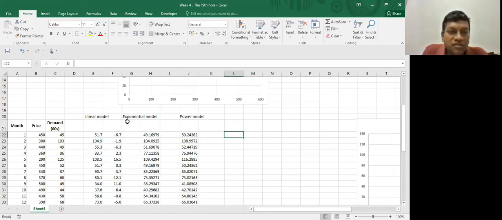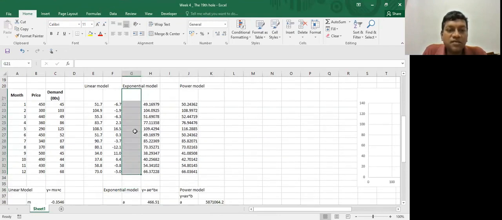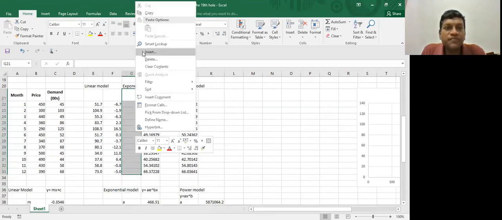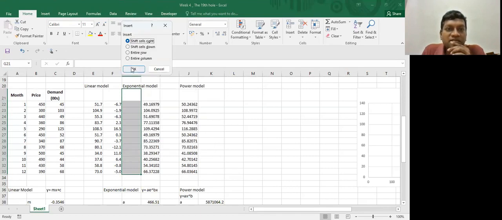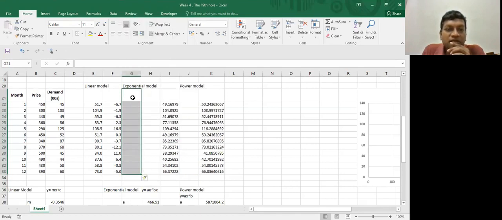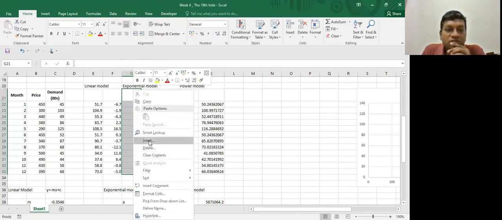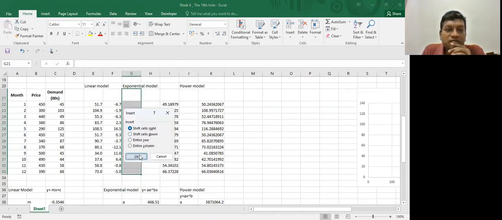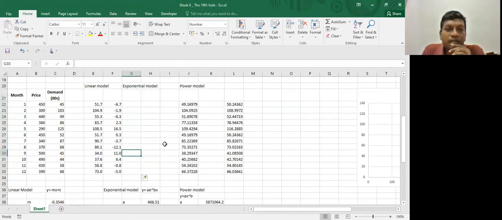I wanted some space here. Now this is the exponential model. Let me create some space, and I say insert cells, shift cells right. Again, some more insert cells, right. This is the power model.